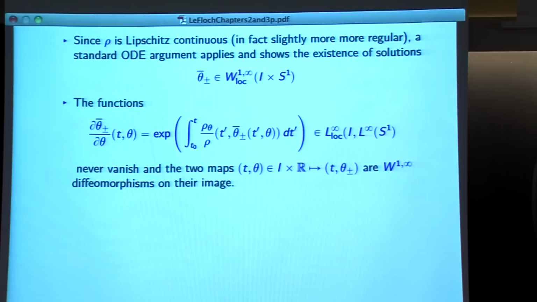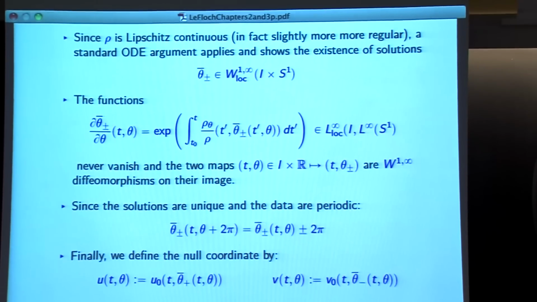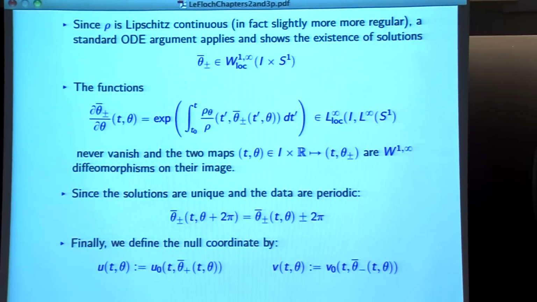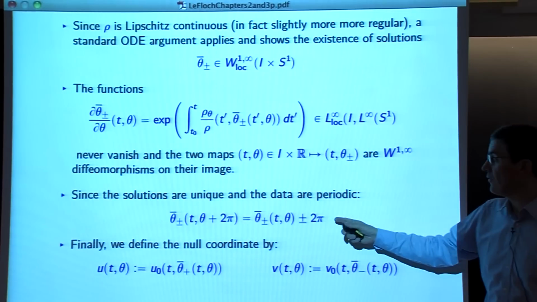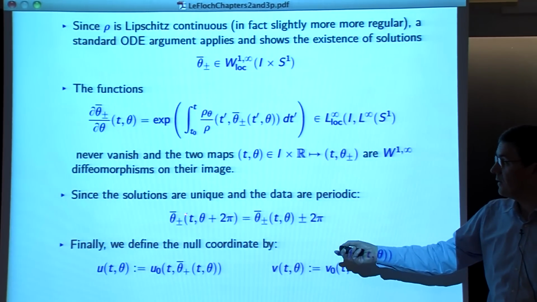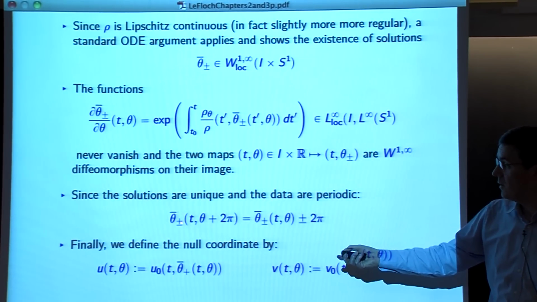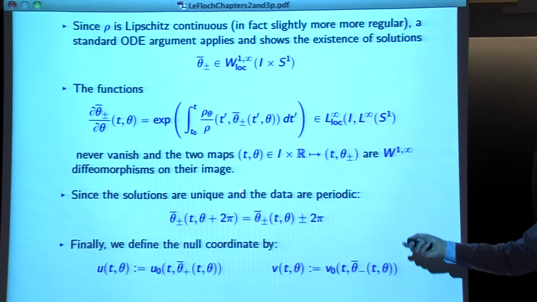So that's what you want. Everything here is done with Lipschitz regularity, and it works nicely. And then you solve the hyperbolic equation simply by putting theta bar plus or minus here.